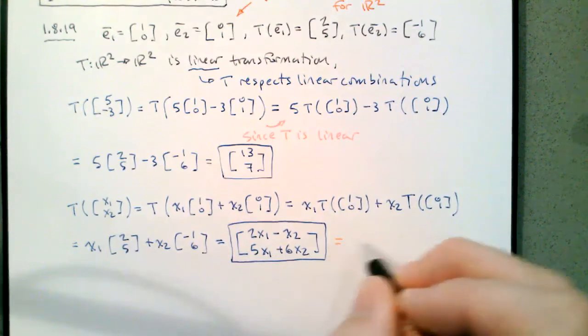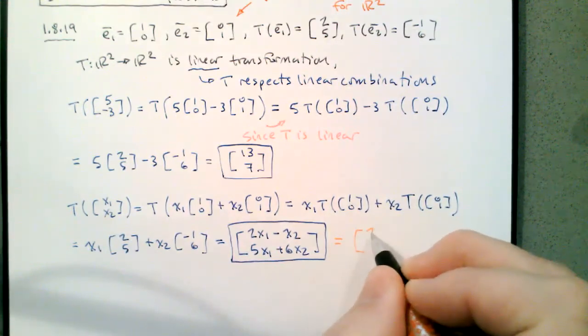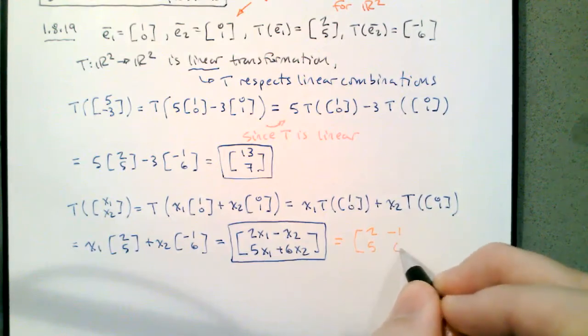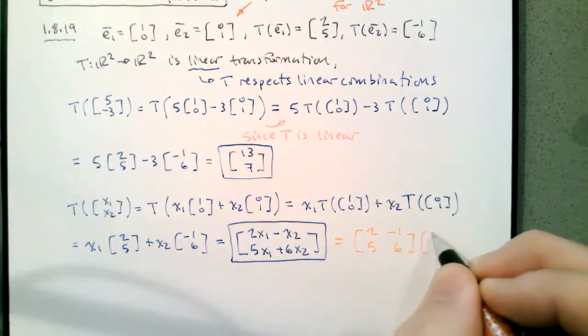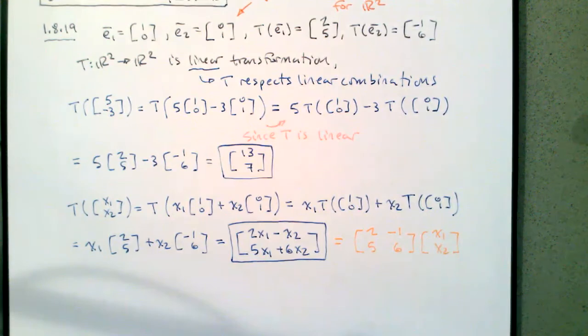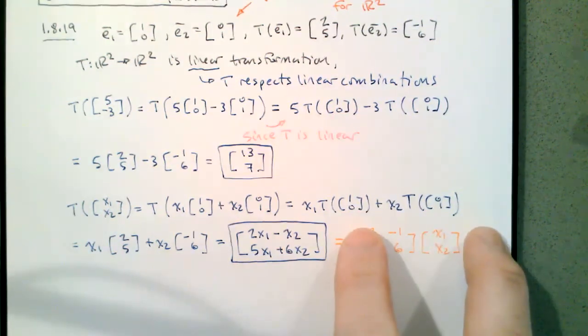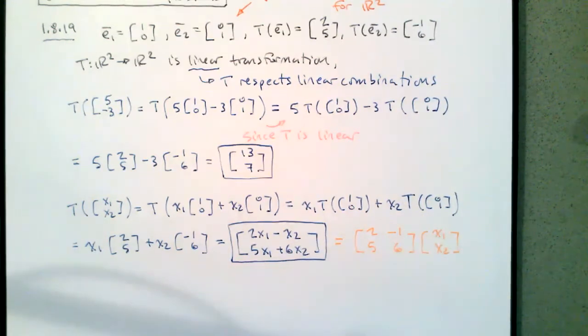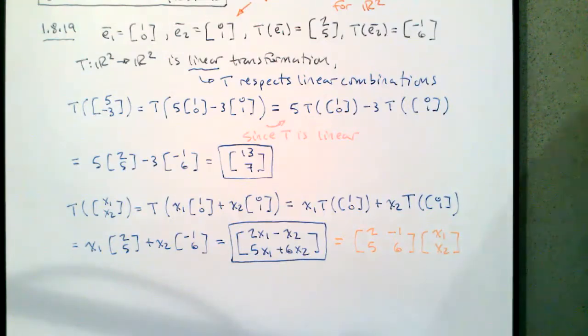So this is the matrix with columns (2, 5) and (-1, 6) times (x1, x2). So I have 2x1 minus x2, 5x1 plus 6x2. And so that matrix is the standard matrix of the transformation.